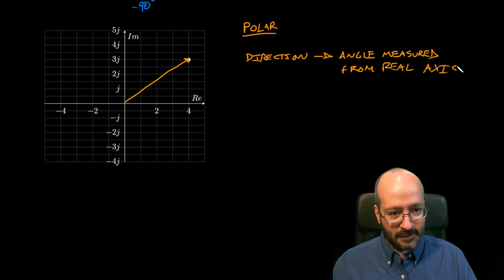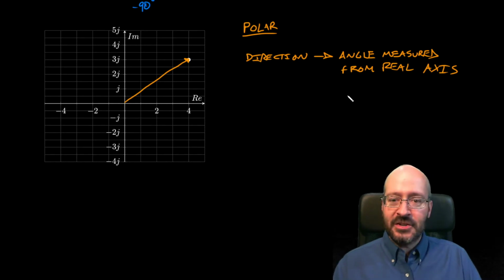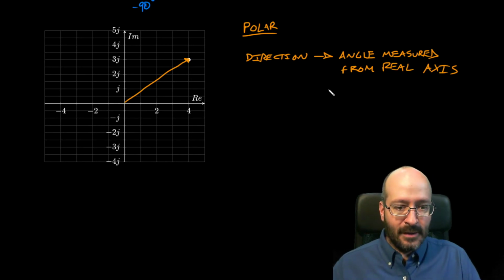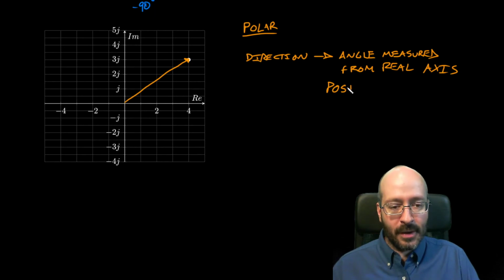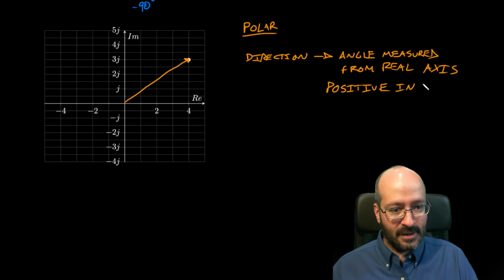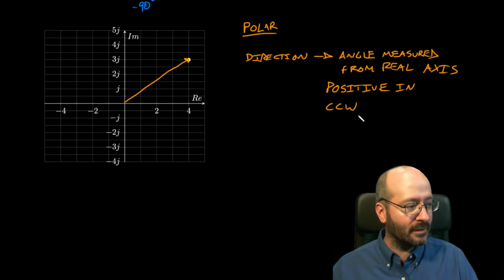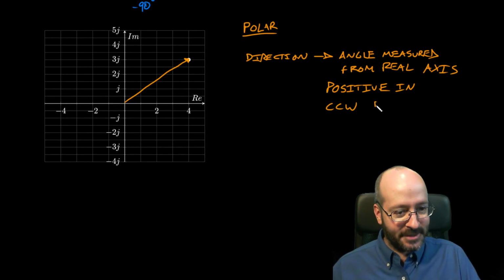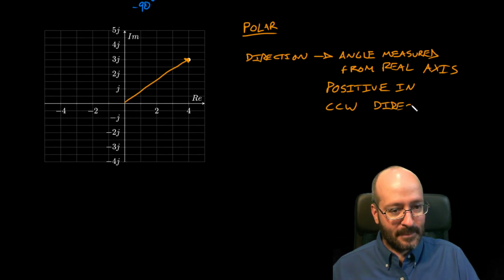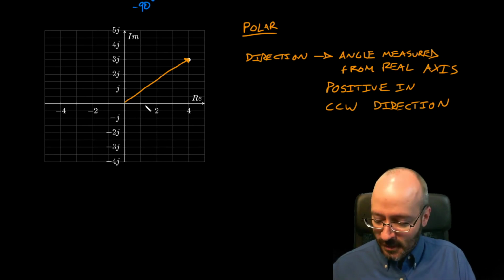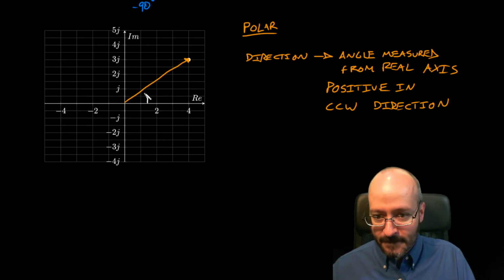Okay, so the real axis is 0, and just by convention we think of the counterclockwise direction as being positive. Everybody good with that? Direction. Okay, that's kind of by convention. So we're going to measure our angle here, and that'll give us our first bit of information.